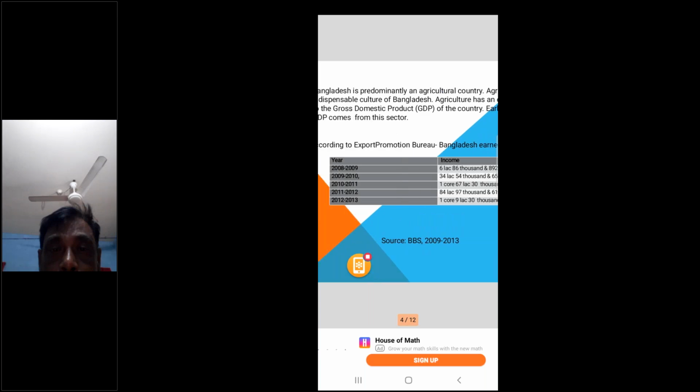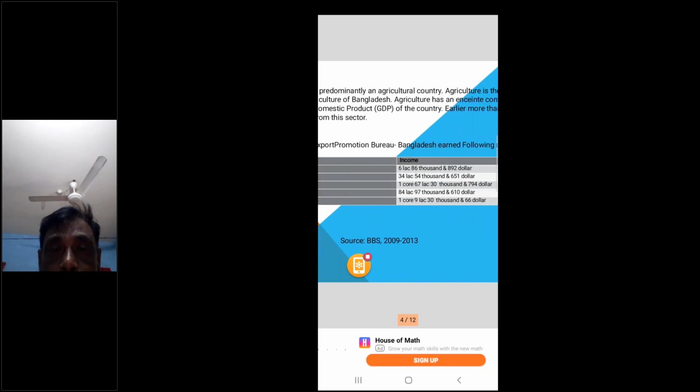In 2004 to 2009, Bangladesh earned 1,86,892 dollars.